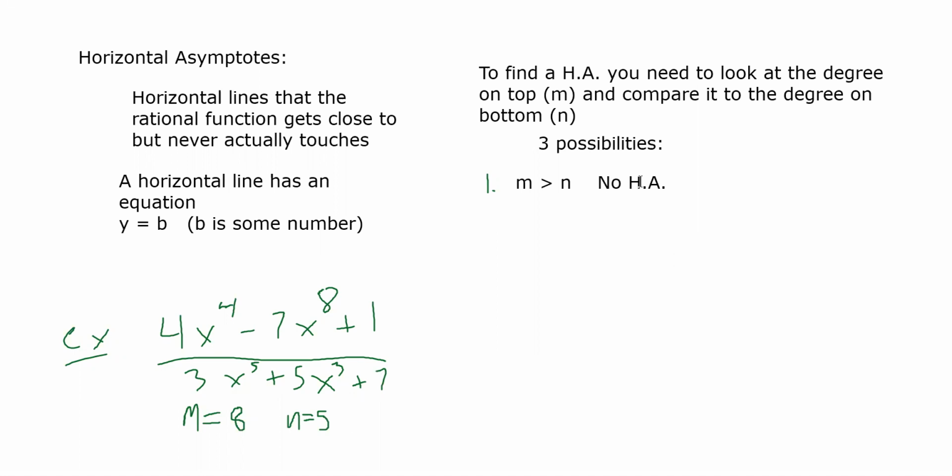And that's exactly what we're going to see. That means there's no horizontal asymptote. There's no value that the rational function is trying to get close to, but can't quite dance near. No. It's just going to go off to infinity or negative infinity, and it's not going to care. So that's your first case.